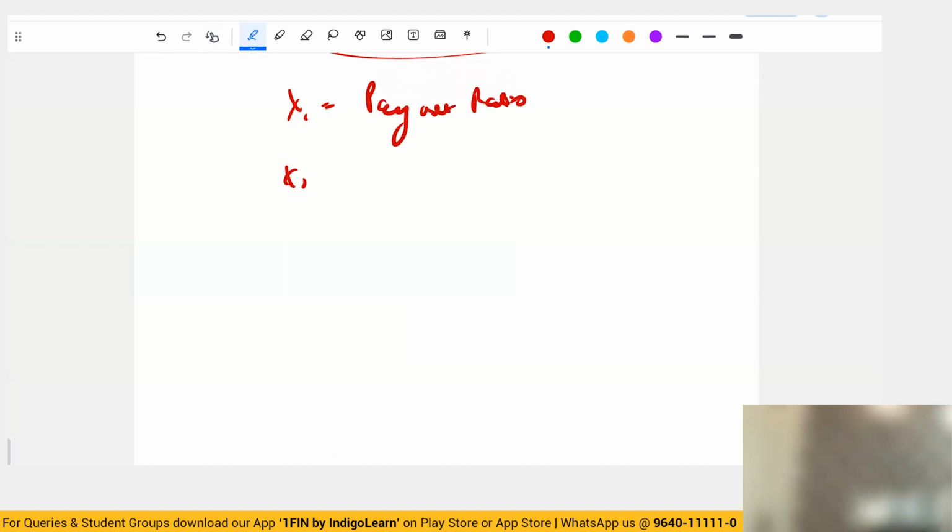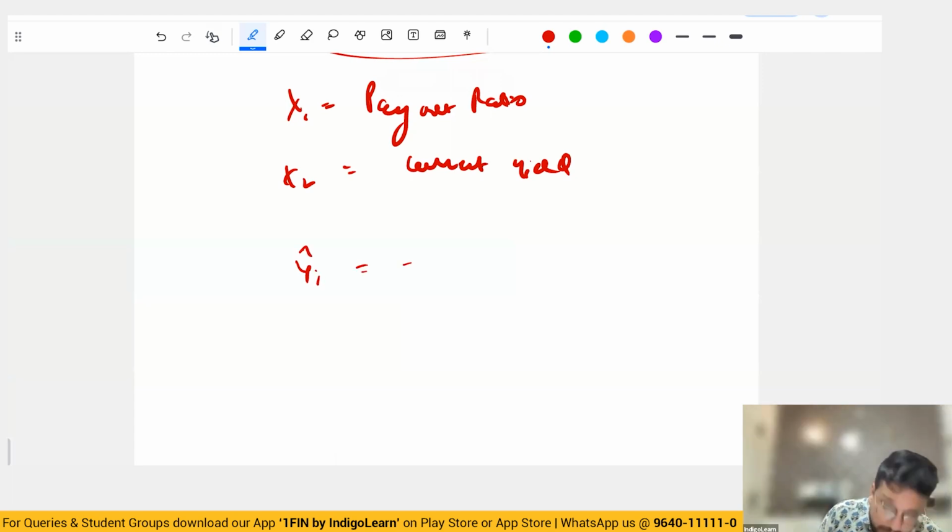X1 is the payout ratio and X2 is the current yield slope. The equation that we are given is Y1 naught is equal to 11.6% plus 0.25 X1 plus 0.14 X2.